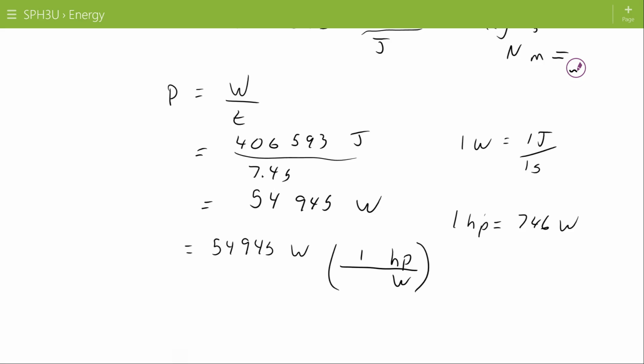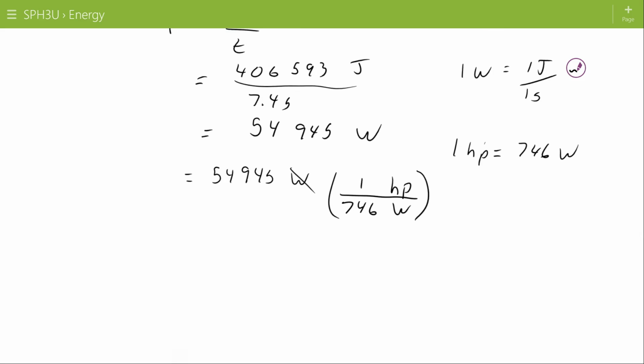That means 1 horsepower is equal to 746 watts. Watts cancel. And so we would have 73.7 horsepower exerted by the car during the acceleration.